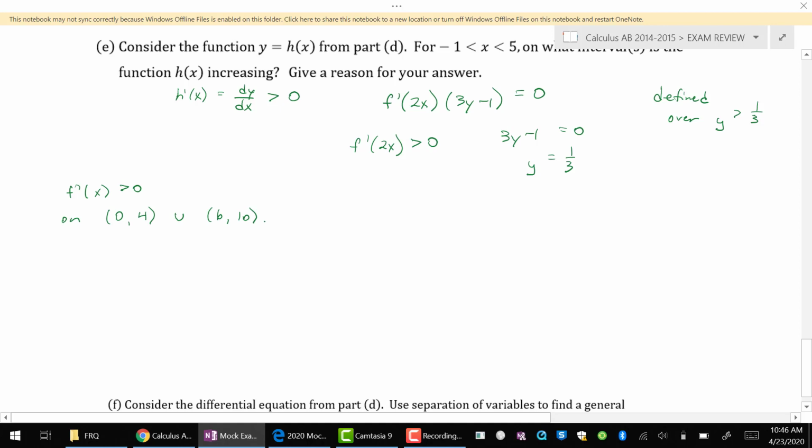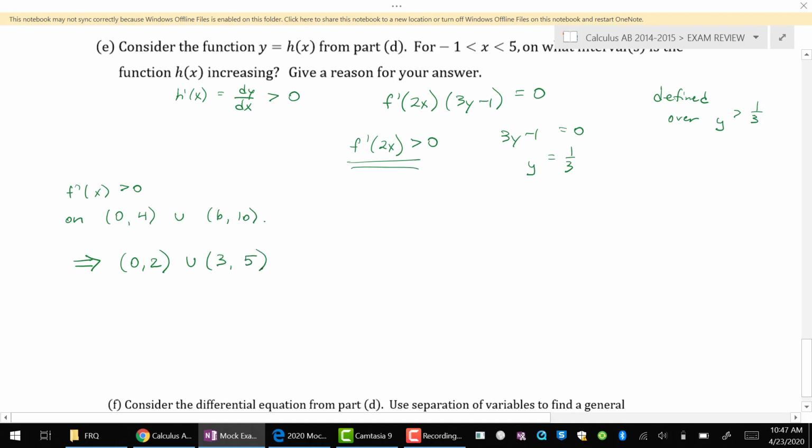But those aren't our answers because the expression here from the derivative is f prime of 2x. So to adjust for that 2 inside, we want to divide these intervals by 2 individually to convert them into these: 0 to 2 and then 3 to 5.